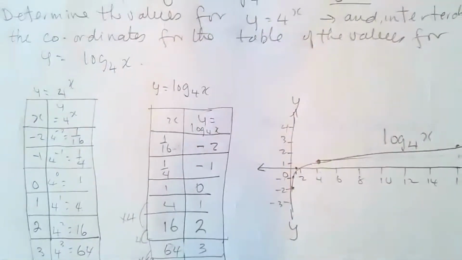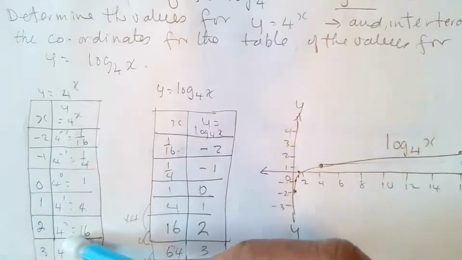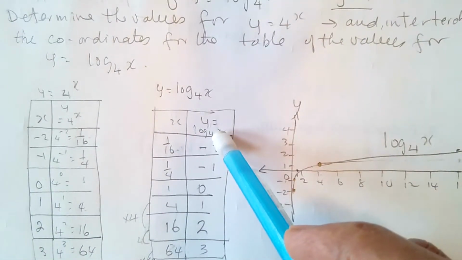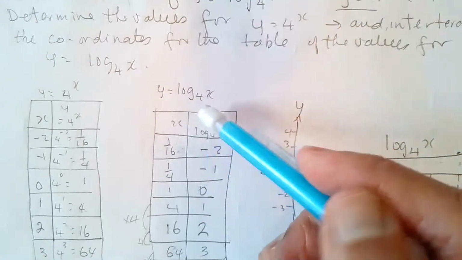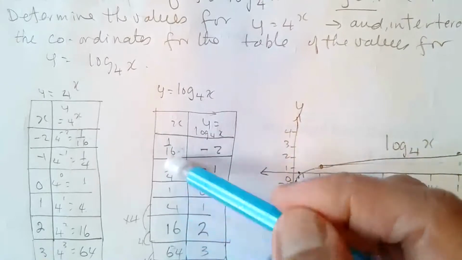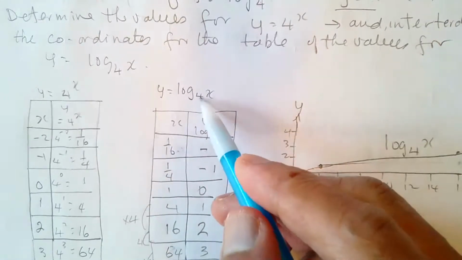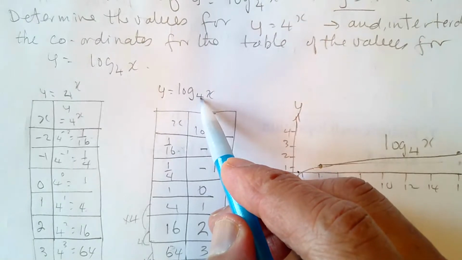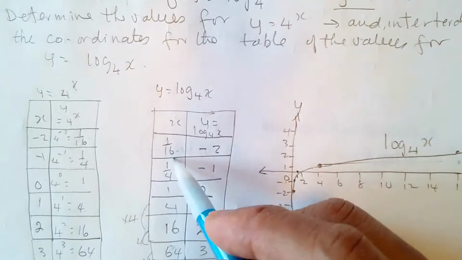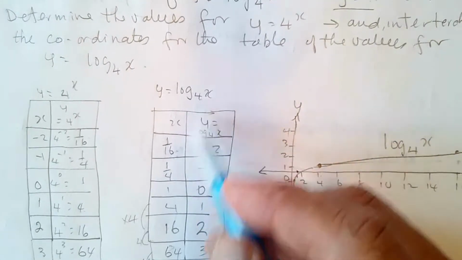Just a note, you could have bypassed this table of values and gone straight into finding log base 4 of x. The challenge with that is that you'll have difficulty determining your x values. But one way to get around that is to look at your base and find powers of 4, or whatever your base is.